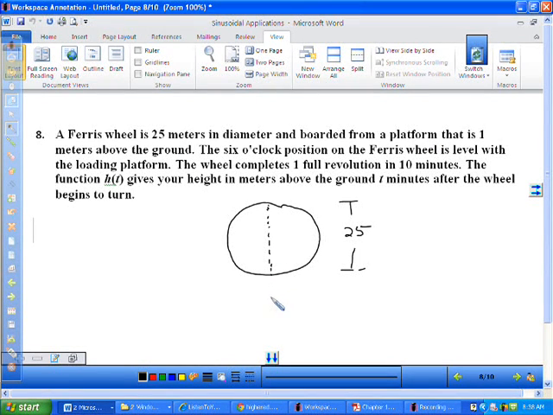So there's a platform here that it's standing on, I guess for people to get on there and walk on there. There are stairways or steps. And this is 1 meter. This is 25 meters.